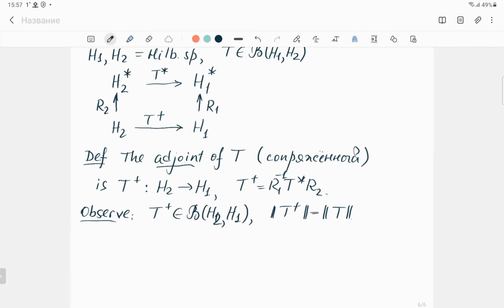Well, the dual operator always acts from H2 star to H1 star. So what was the question? If we start with an operator from H2 to H1. Yes. Then the dual operator acts from H1 star to H2 star.